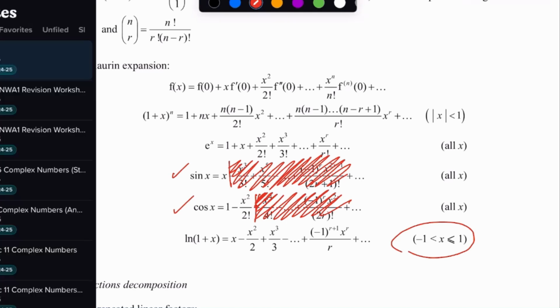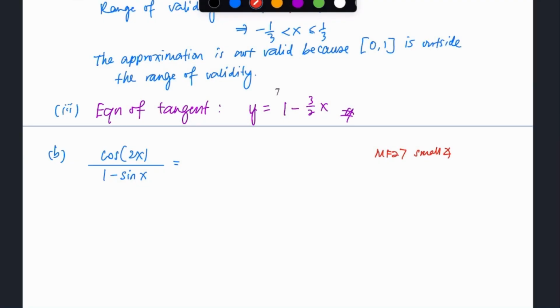So cosine 2x is approximately equal to 1 minus half of 2x squared. Then for sine x, this would be x. So here we will have 1 minus 2x squared over 1 minus x, which we can write as 1 minus 2x squared times 1 minus x to the power of negative 1.